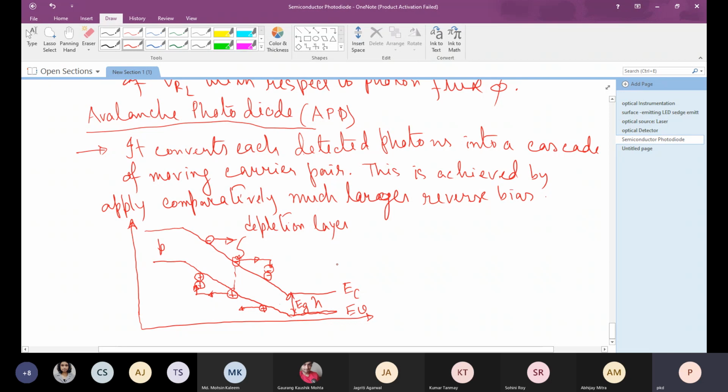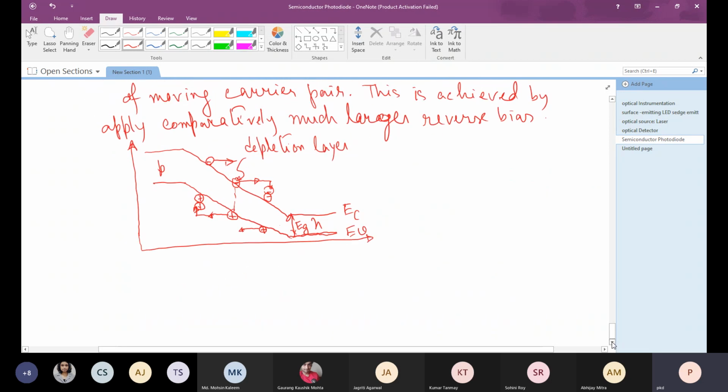So this process carries through a lot of times, and thereby we can have a sufficient amount of multiplication of carriers. This is the distance x.